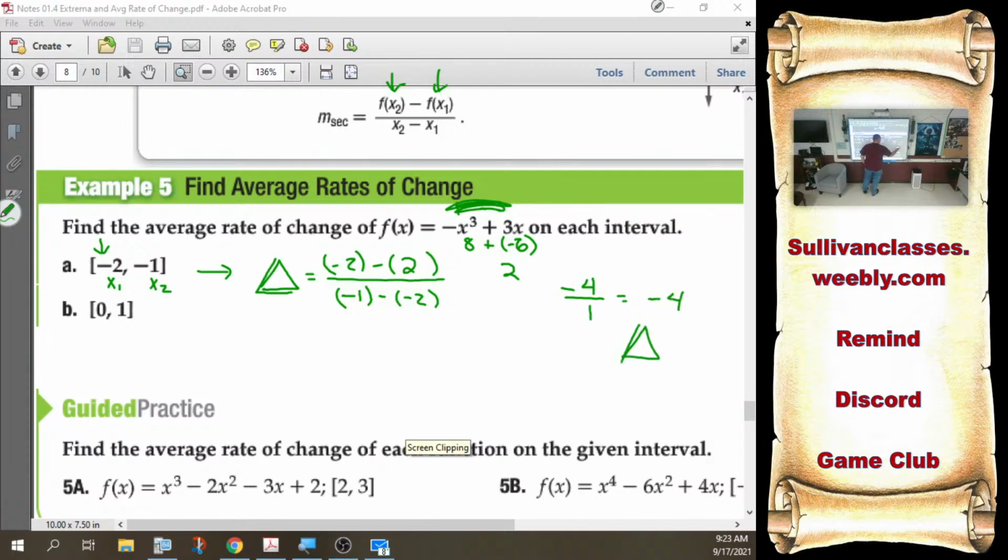The average rate of change, if I were to graph this thing that has, what's that, negative x. So this graph literally has a 0 at plus or minus square root of 3, negative cubic like this. They're saying from negative 2 to negative 1, what is the average rate of change between those two?